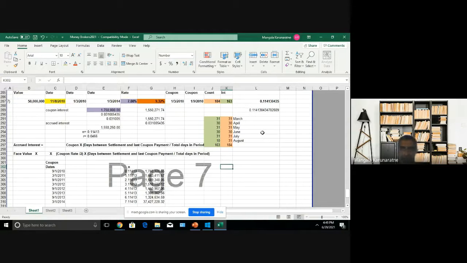If it is a leap year, then you get 29 days in February, because one coupon falls within this leap year, like the February. So then you get 182. But for the 181 and 182s also, you get 1,750,000. We don't calculate according to the number of days.